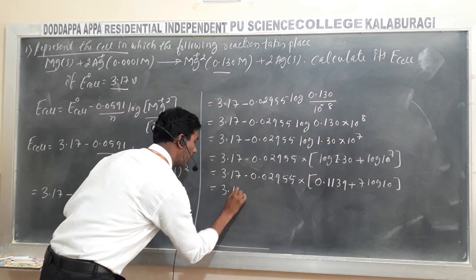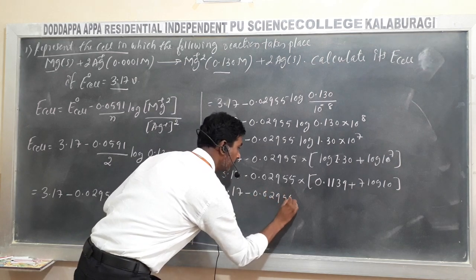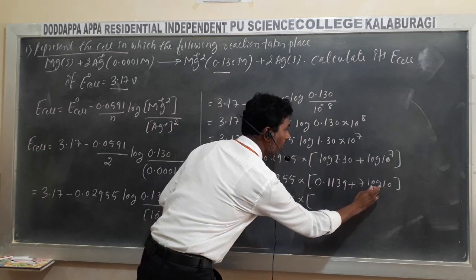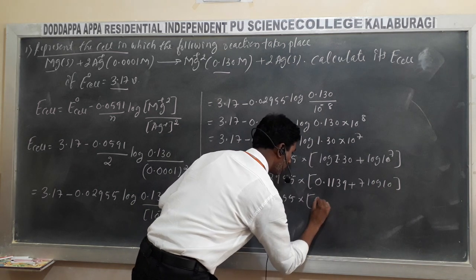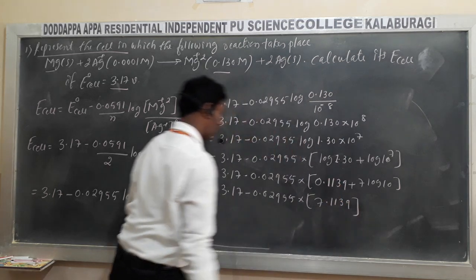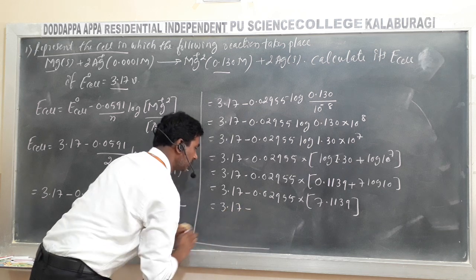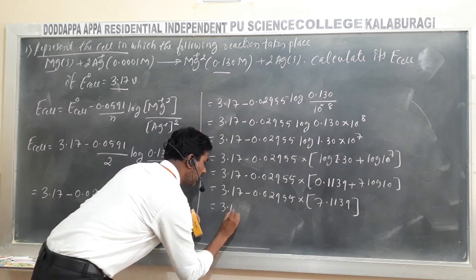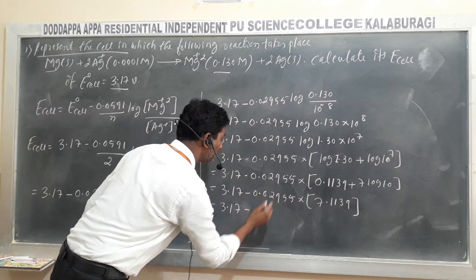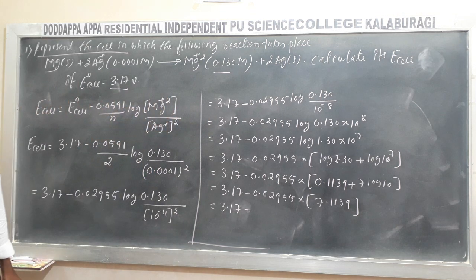So it is 3.17 minus 0.02955 into 7.1139.